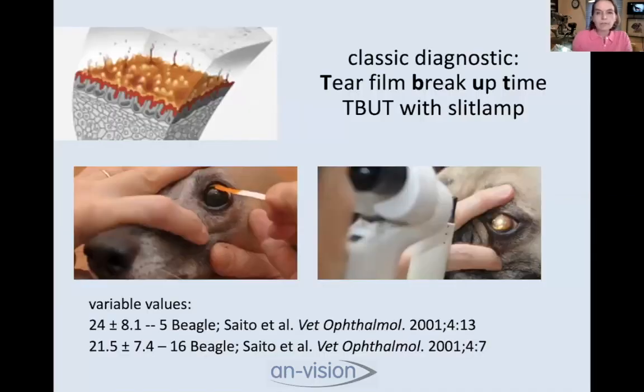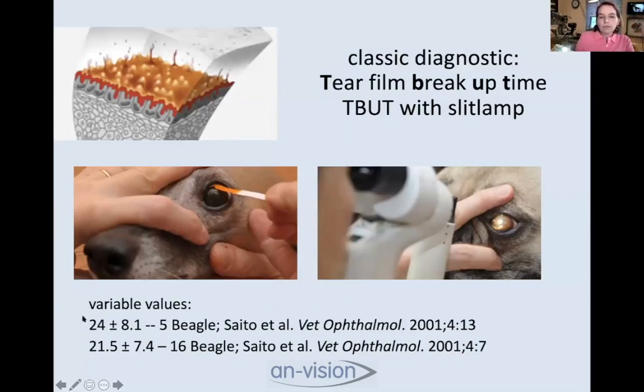The tear film breakup time has been described by the Japanese colleague Saito and by other colleagues as well. I mentioned these because I wanted to show you that the results by placing a drop here, closing the lids, opening the lids, and counting the seconds till you see the first break with the slit lamp, that's the tear film breakup time, has highly variable results.